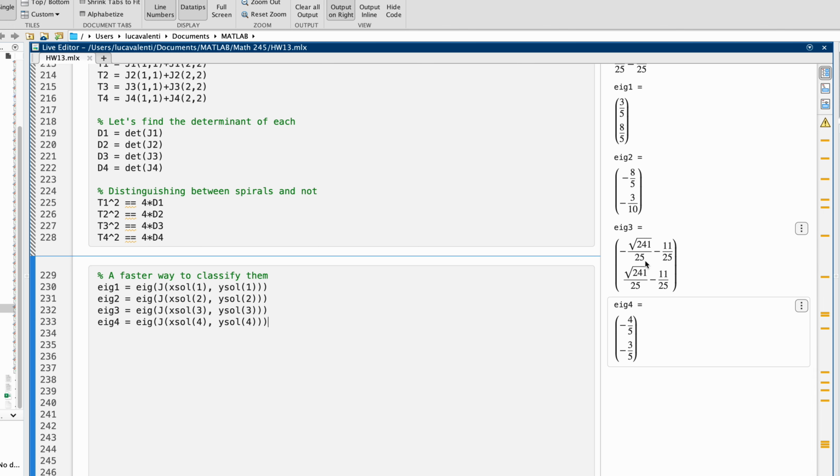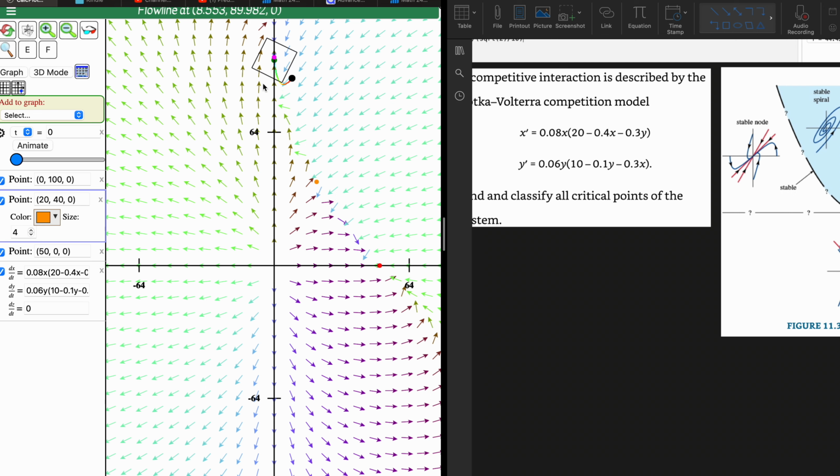Third one has these two eigenvalues. See, one is negative, one is positive. So you're able to say that that's a saddle. And this one right here looks like it's a stable point, and there is no spiral. So it's just going to be stable.